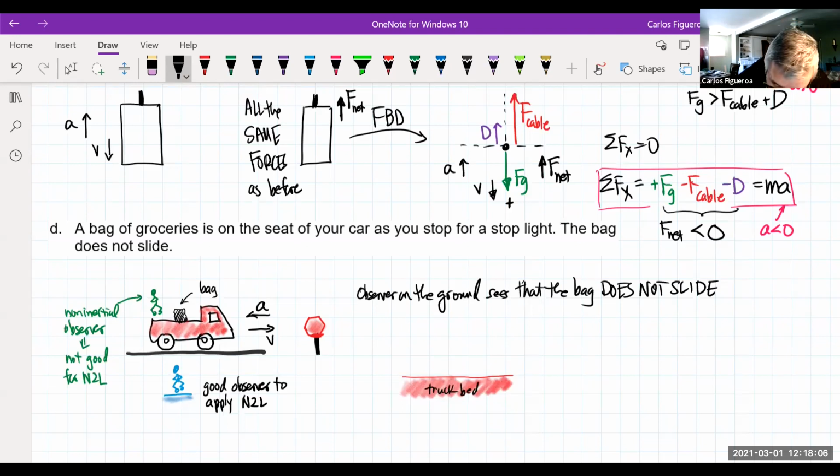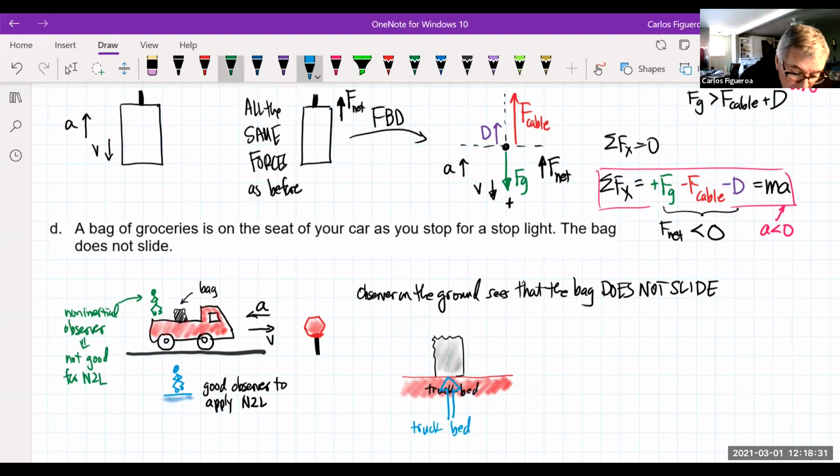And because of the bag, here's the bag right here. What we're seeing here is that the bed of the truck has to be pushing up.